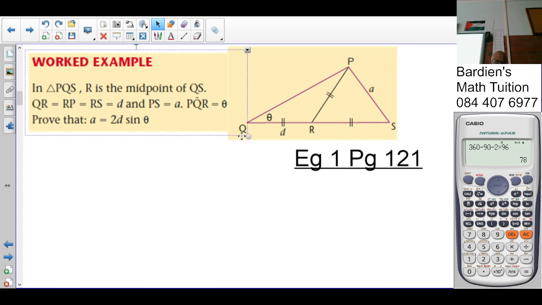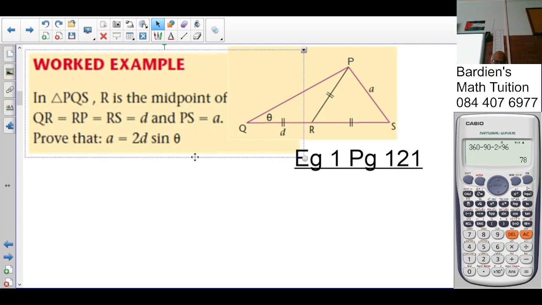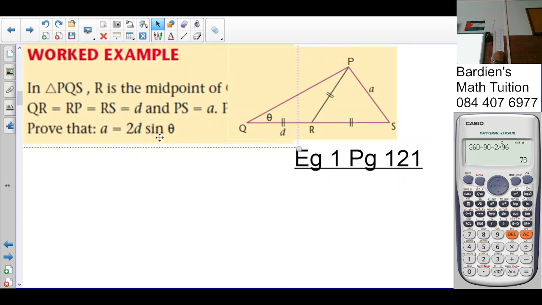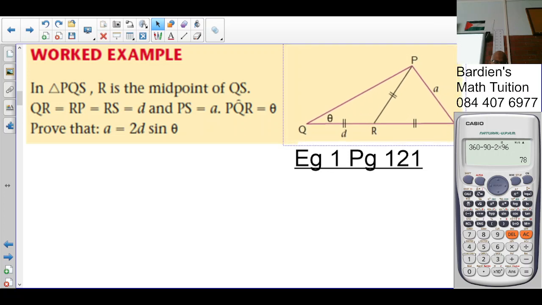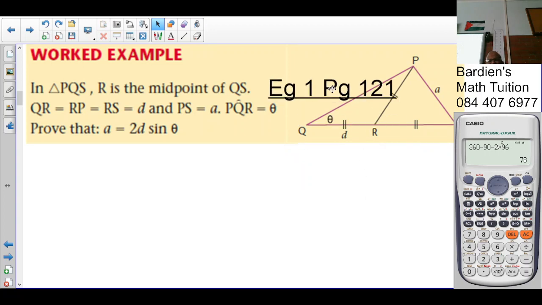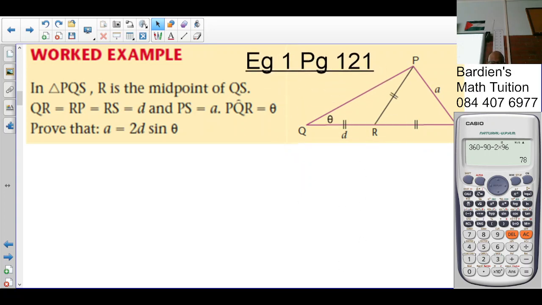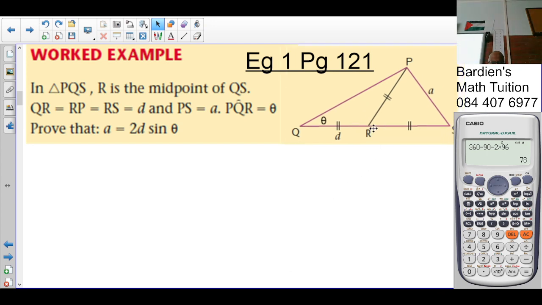So here we are told that in triangle PQS, R is the midpoint.